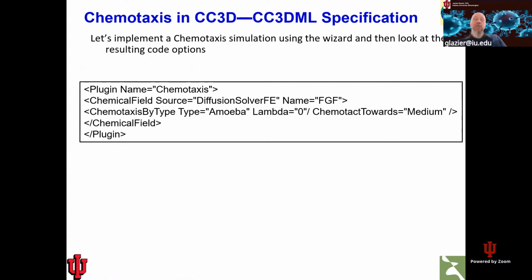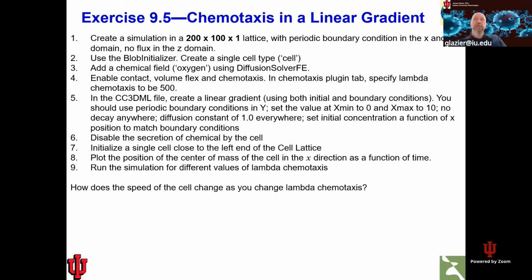Then for each cell type, we say what the cell type is and how strong the response is. Here it only does chemotaxis at surfaces between the cell and the medium. And there are a variety of other flags, which I don't remember all of because there are a lot of them, that say do chemotaxis only on extension. But that's the basic one.